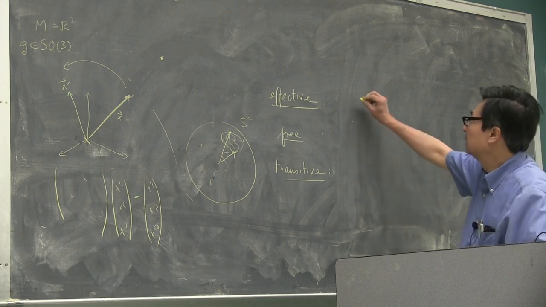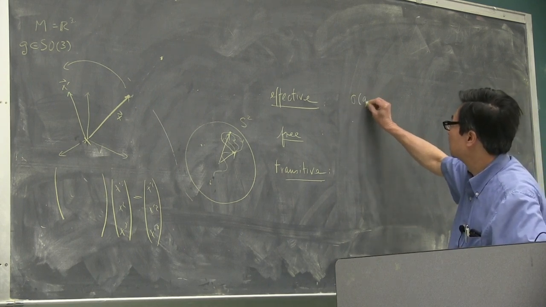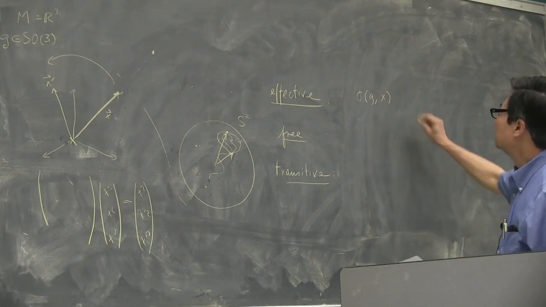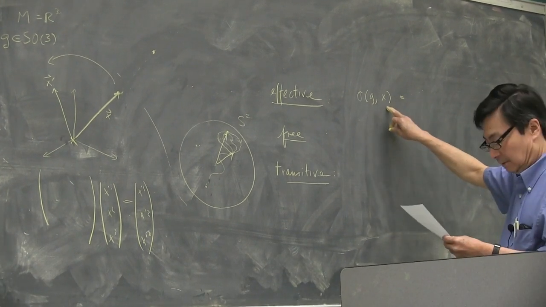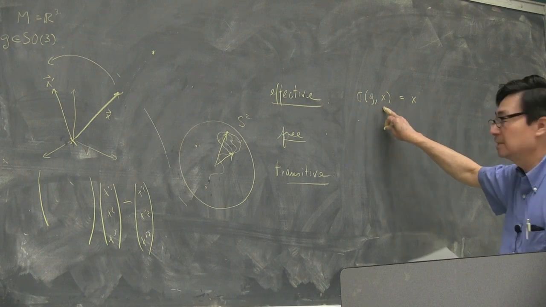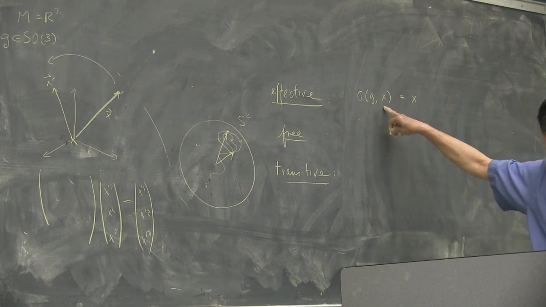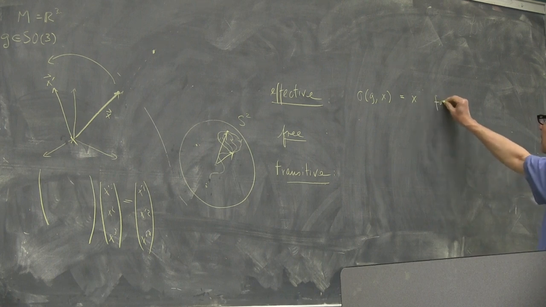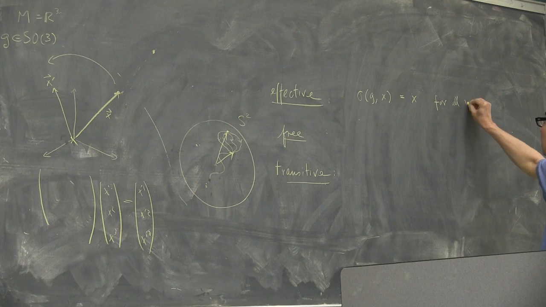In other words, if you have sigma G acting on x, the trivial action is not changing this element at all. This is called a trivial action, okay? If this is true for all x in M.